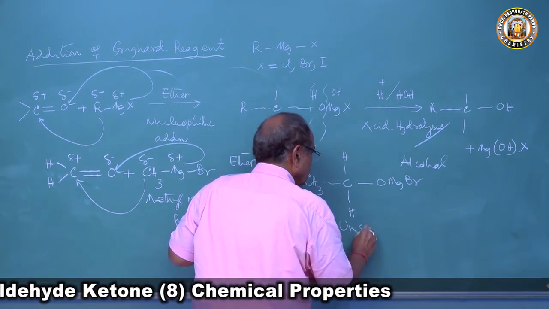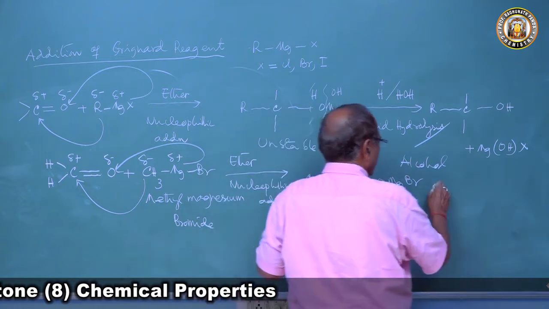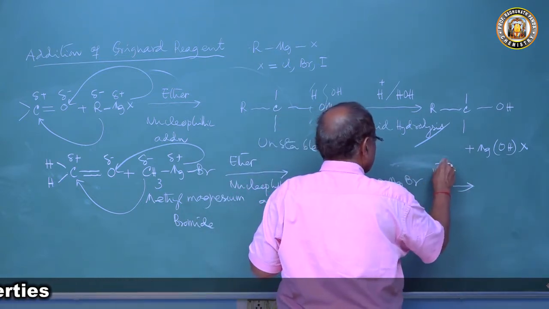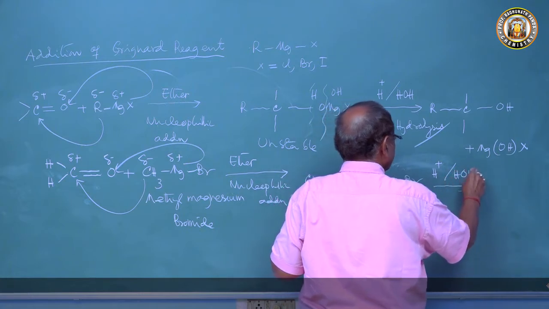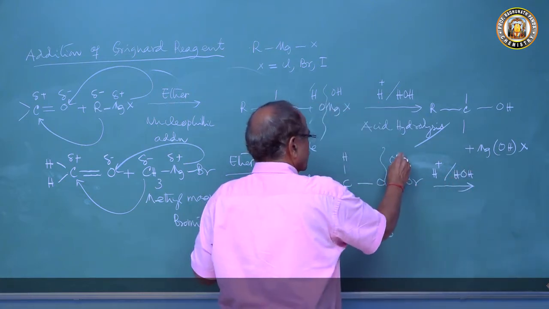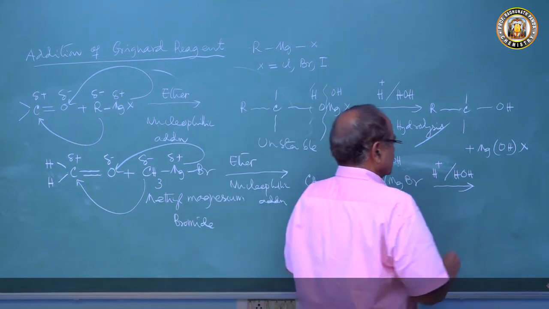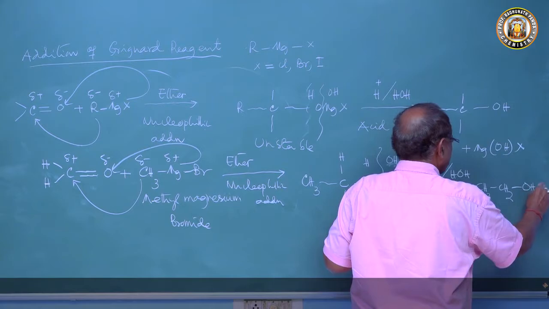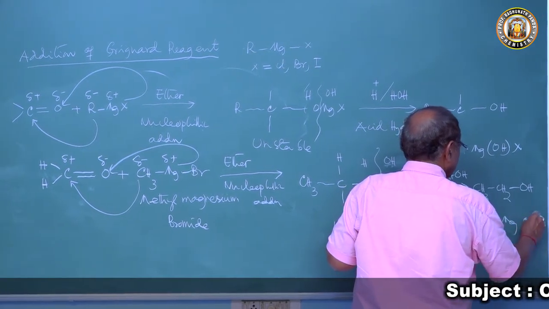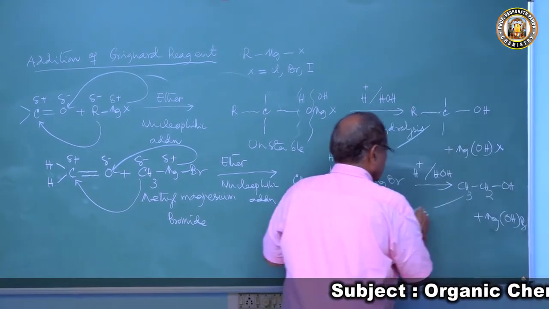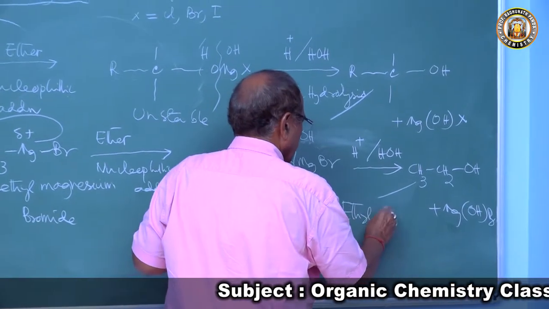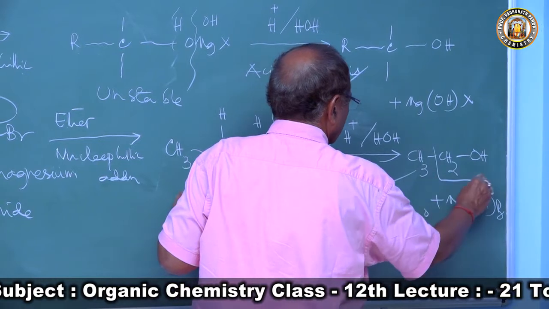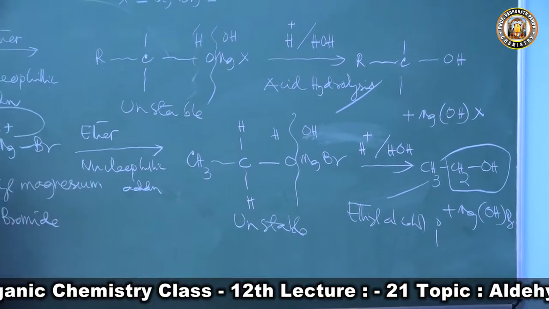This is unstable, and upon hydrolysis, with H plus and OH, it breaks and we get CH3CH2OH, ethyl alcohol, plus Mg(OH)Br. So this is ethyl alcohol, a primary alcohol, because the CH2OH group is a primary alcoholic group.